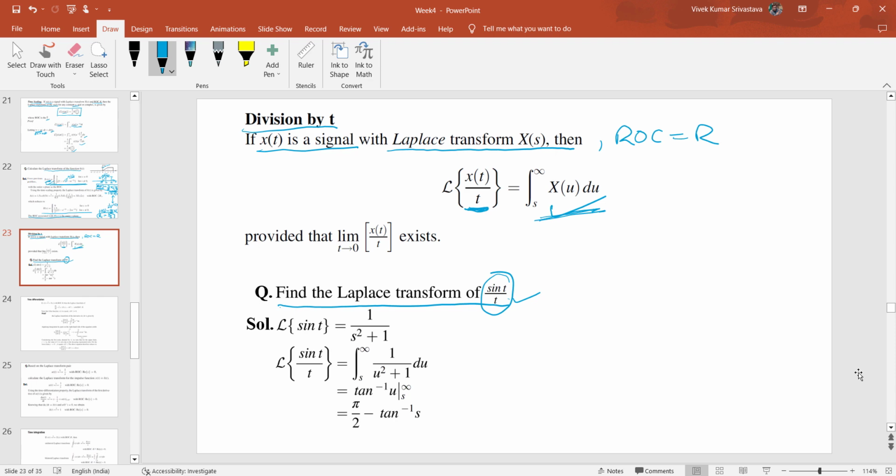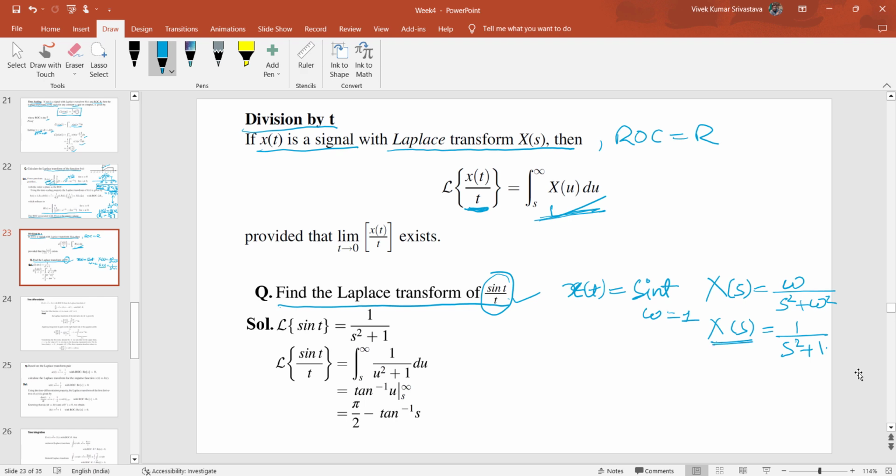Here x of t is basically defined as sine of t. So x of s is equal to omega over s square plus omega square. The value of omega is 1 here, so x of s will be equal to 1 over s square plus 1.